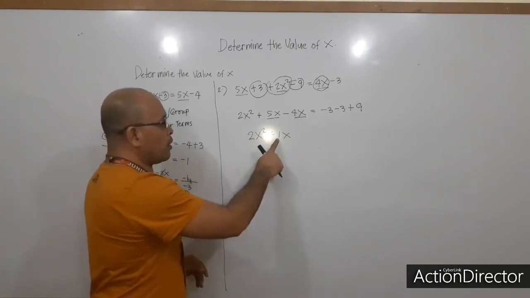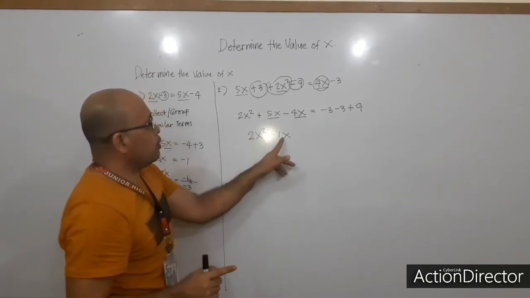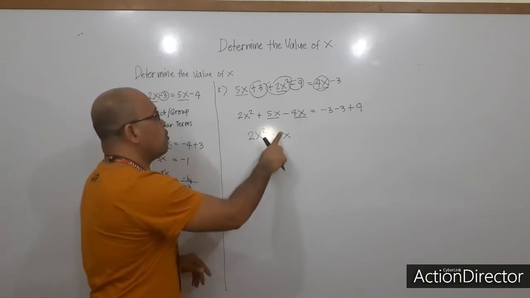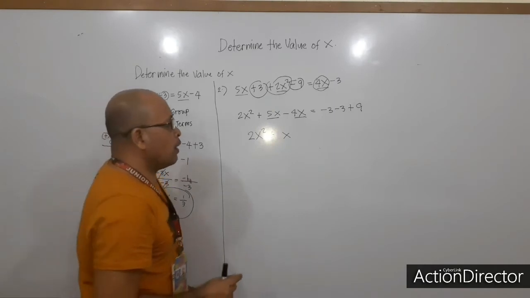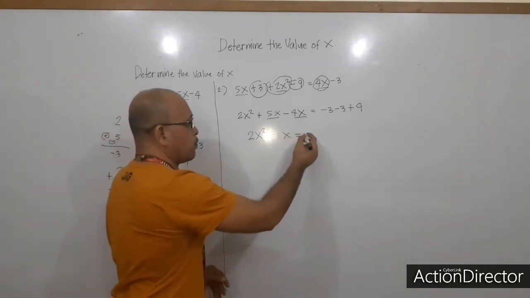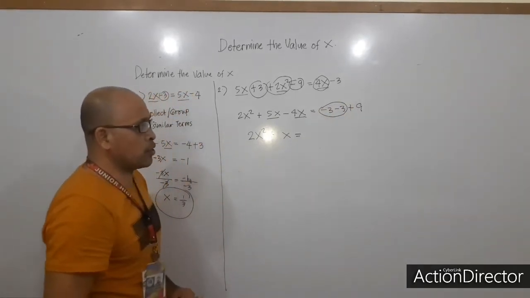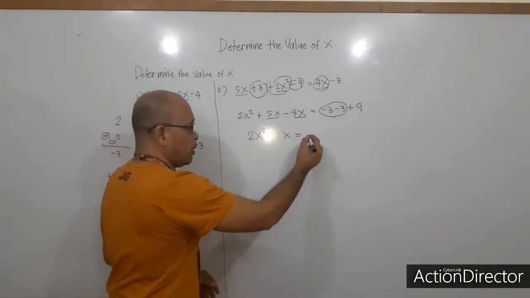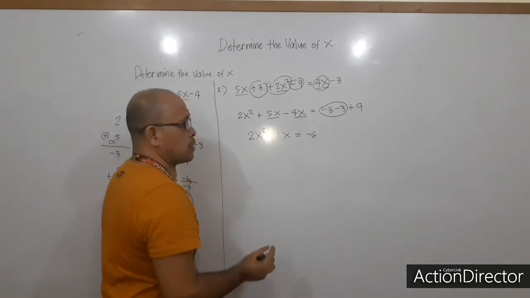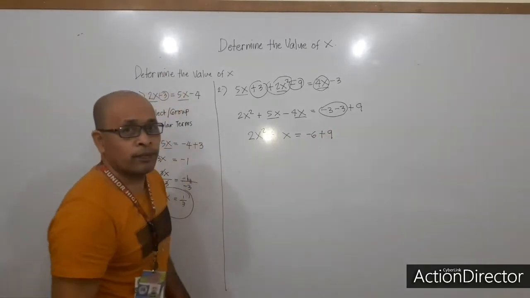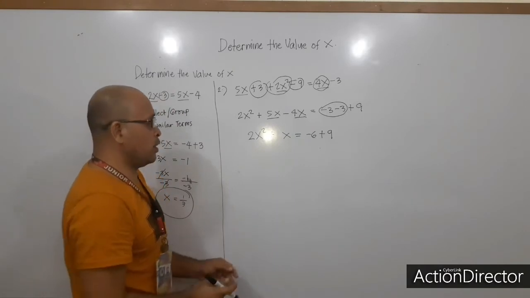If the numerical coefficient of a variable is only positive 1, just remove the 1. And then, let's continue. You may combine this negative 3 minus 3, and that will give you negative 6. And then bring down 9.